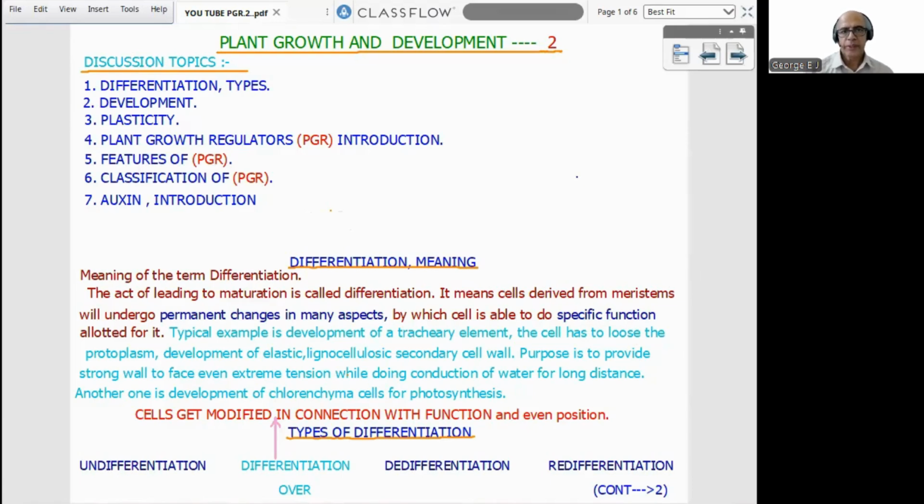So we can start with the first item, that is differentiation, meaning, purpose, aim, how, all these things. So first, meaning of the term differentiation. Differentiation means it is an act, it is an event, it is a procedure leading to maturation.